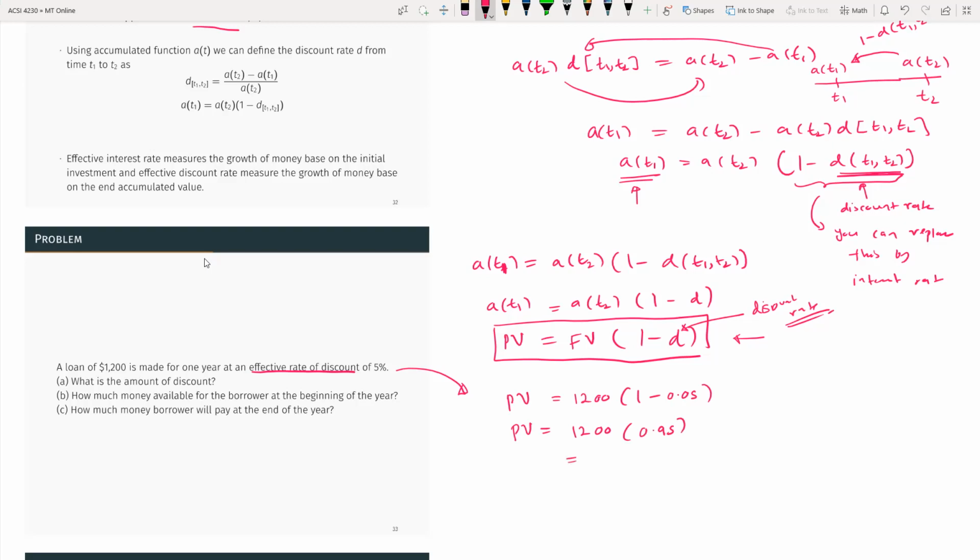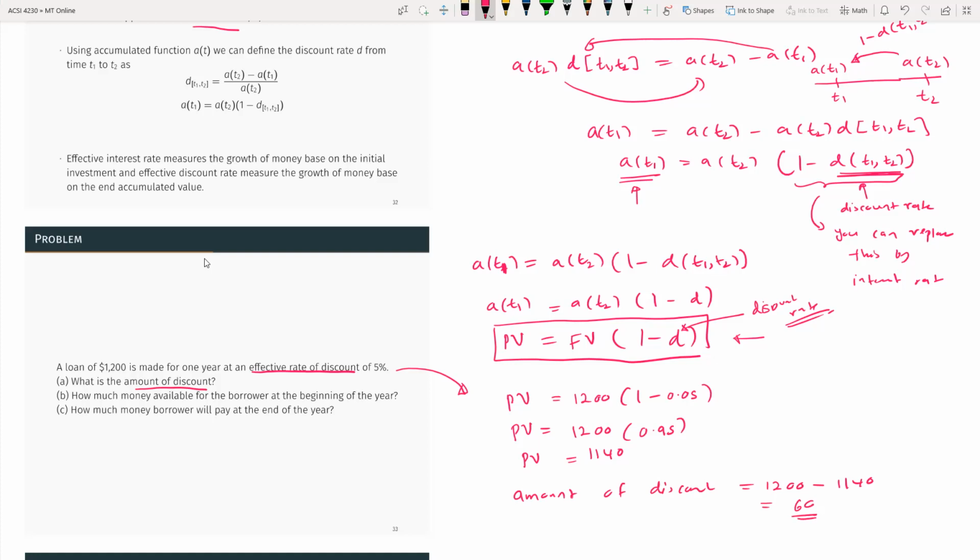I'm going to use my calculator and get the answer: 1,200 times 0.95 is 1,140. I want to know the amount of discount, so that's the difference between those two values. The amount of discount is 1,200 minus 1,140, and it is going to be $60.